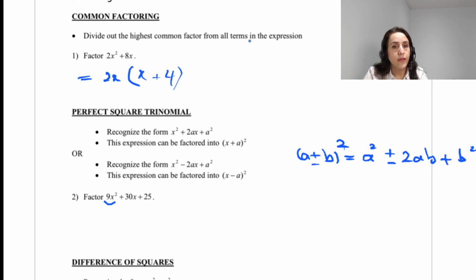Here, as you see, is the normal general formula for a perfect square.